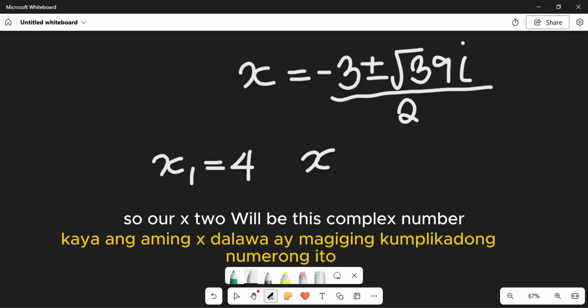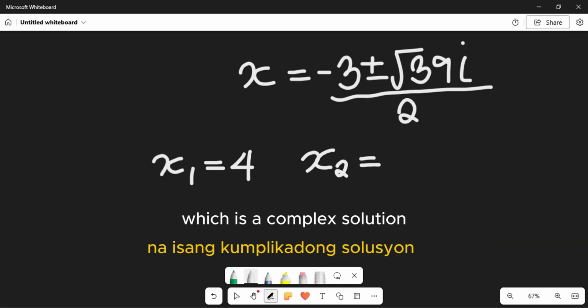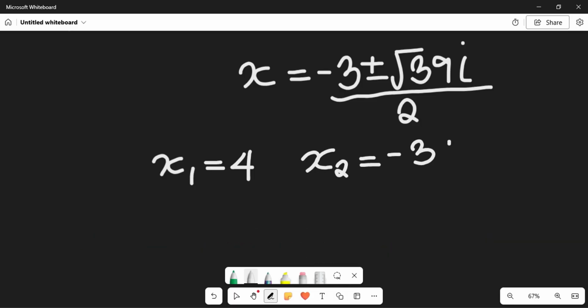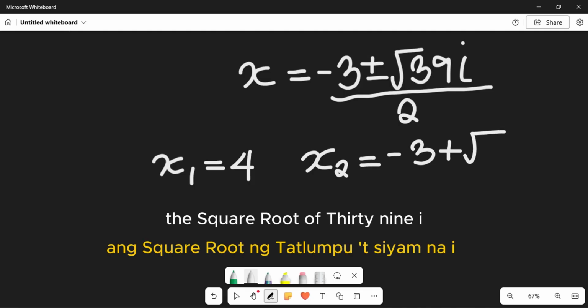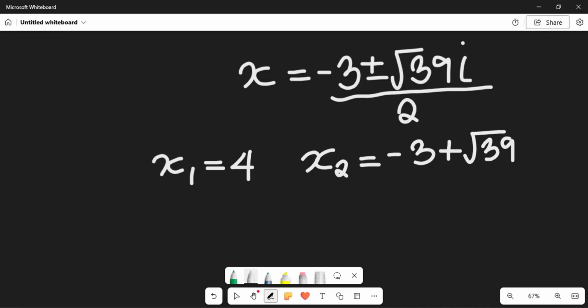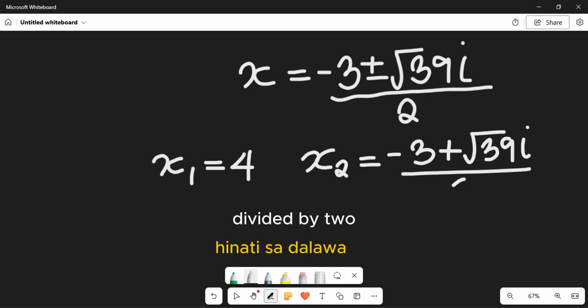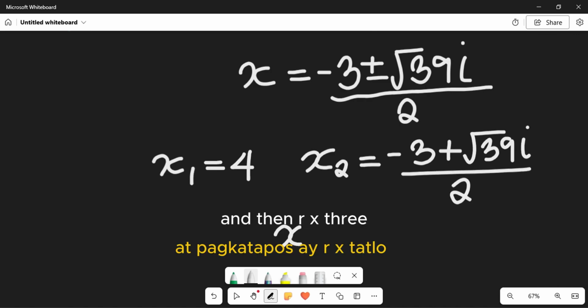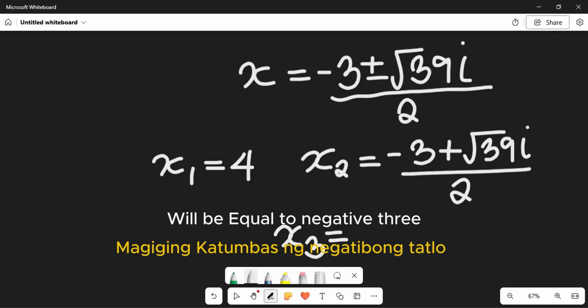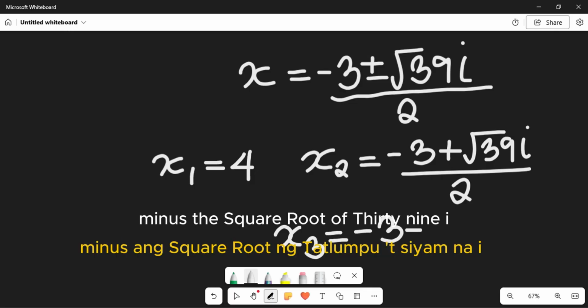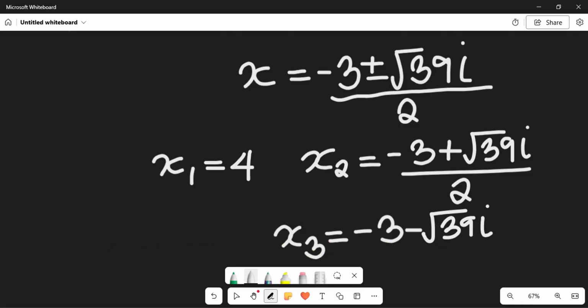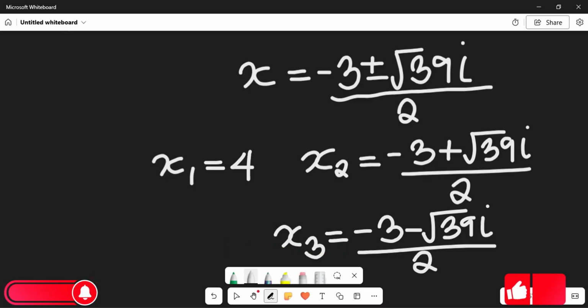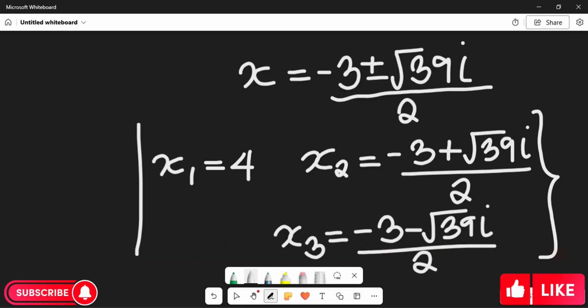So our x2 will be this complex solution, negative 3 plus the square root of 39i, divided by 2, and then our x3 will be equal to negative 3 minus the square root of 39i, divided by 2. And these are the solutions we get for the question given to us up there. Great.